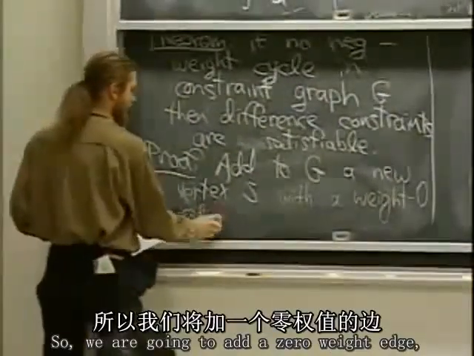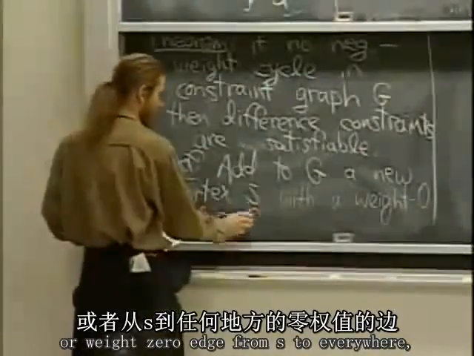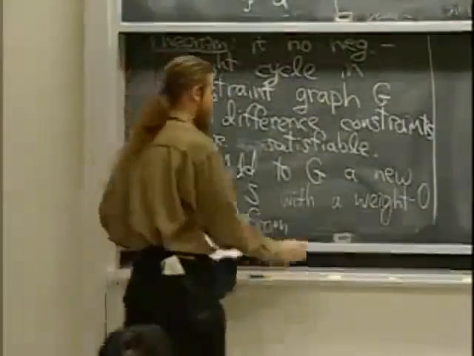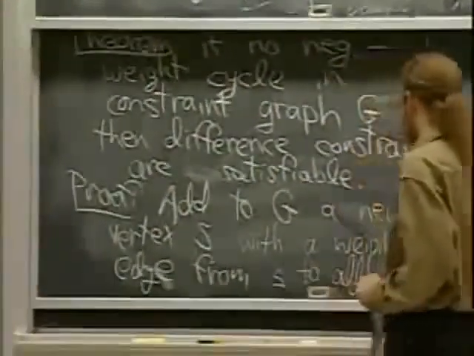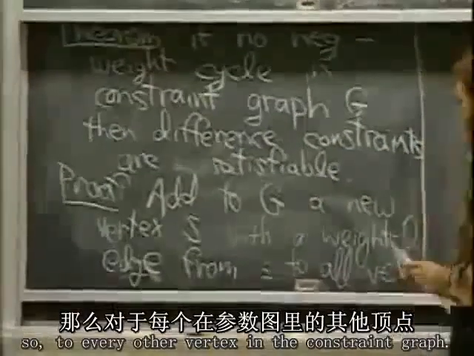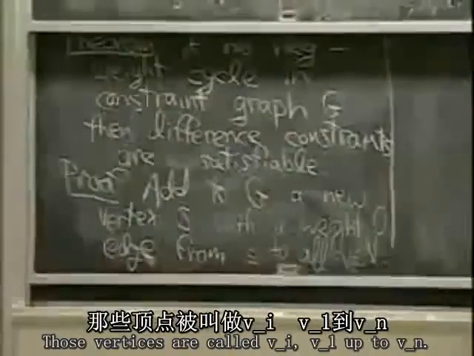So we're going to add a weight zero edge from S to every other vertex in the constraint graph. Those vertices were called V1 up to Vn.